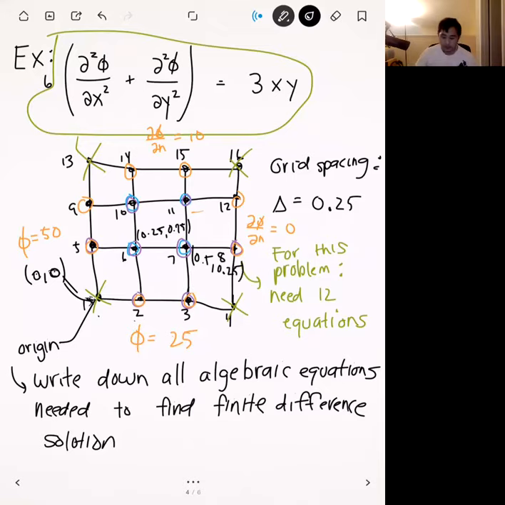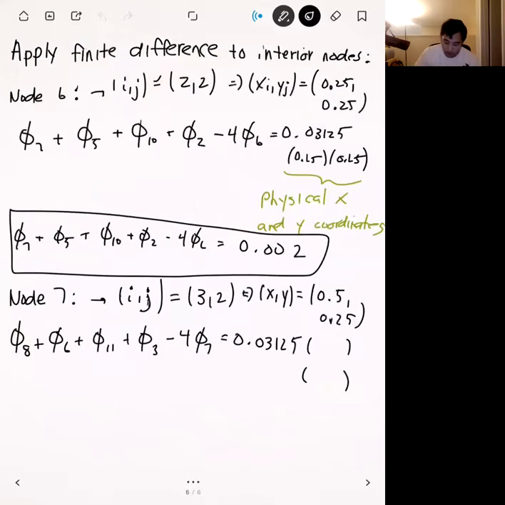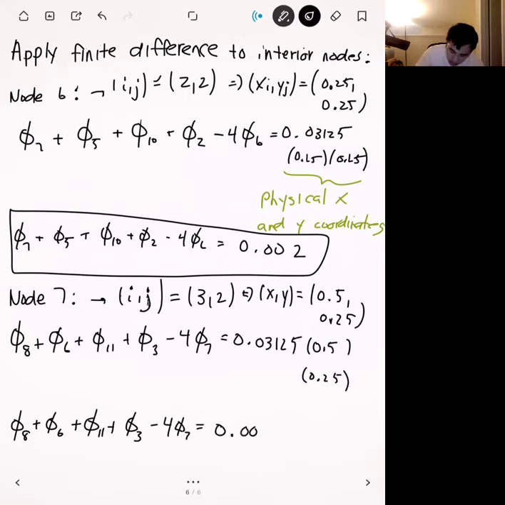Then we'll use that same scheme for nodes number 10 and 11. This is going to be times 0.5 times 0.25. The final equation for node number 7 is phi8 plus phi6 plus phi11 plus phi3 minus 4 times phi7 is equal to approximately double that, so it's going to be 0.004.